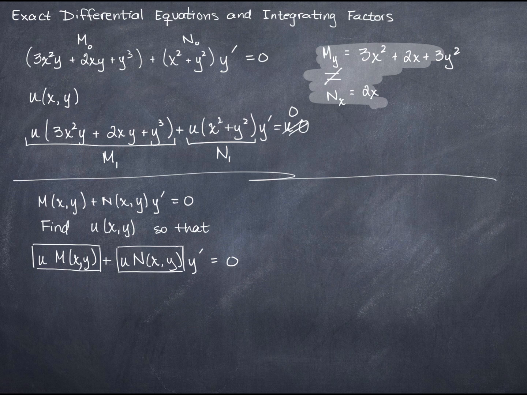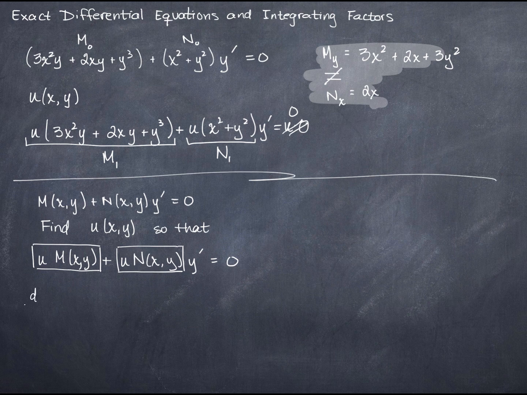Okay, so now let's assume that having found the right integrating factor, this function u of x and y, we've managed to find it, and in order to determine whether it is now an exact differential equation, I need to do the same thing as I would have done before.